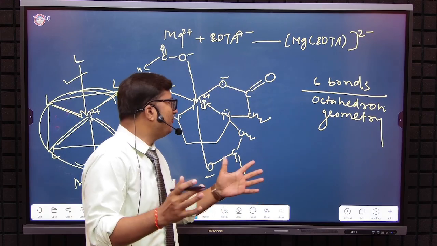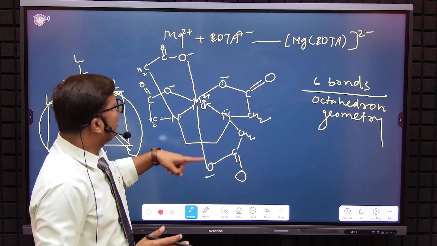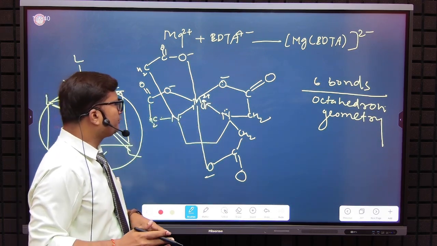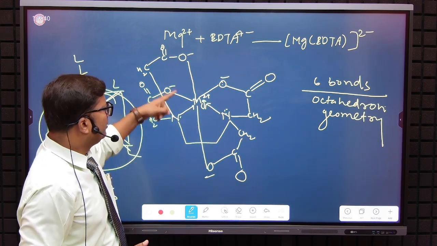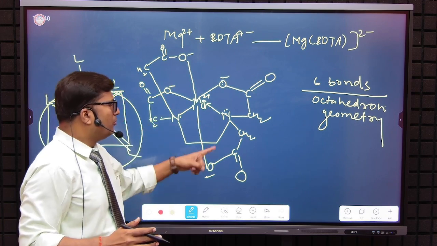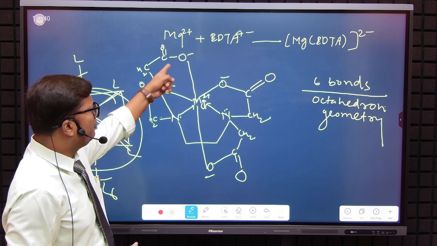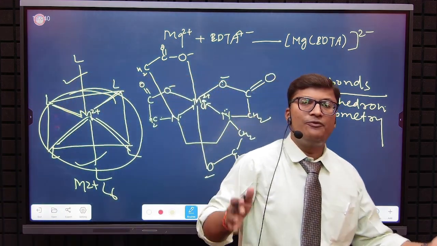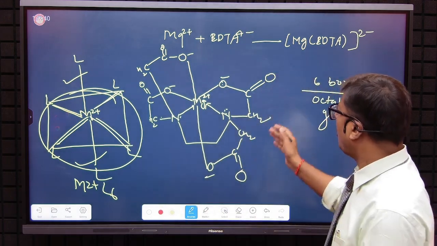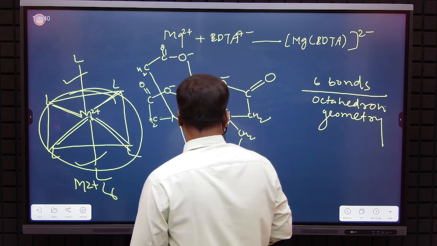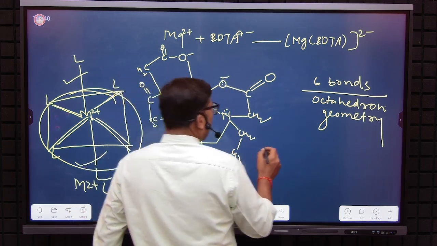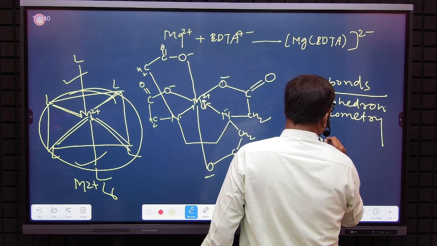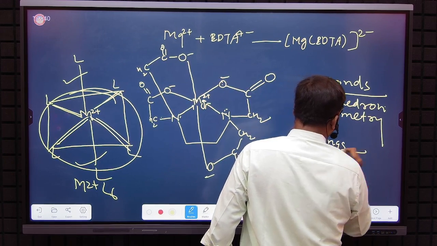And how many 5 membered rings are formed? You can count. So 1 2, right, and 3 4 and 5. So 5 membered rings are formed, that is 5 membered.